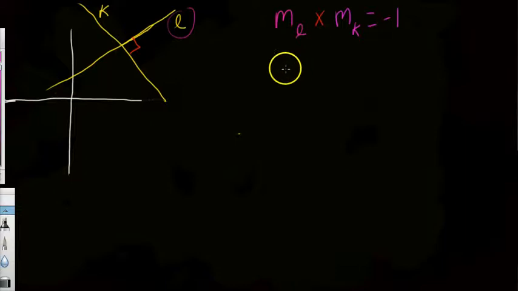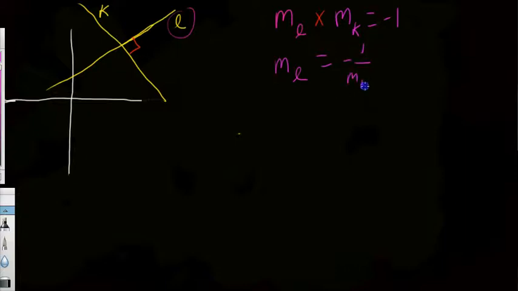So basically the idea is the slope of line L, which we'll denote m of L, multiplied by the slope of line K, m of K, is equal to -1.